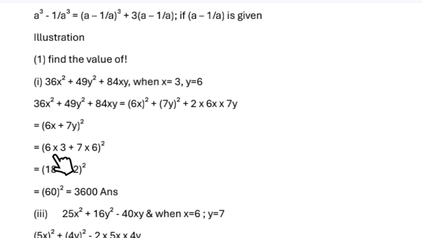Then 6 into 3 plus 7 into 6 whole square. 6 threes are 18 and 7 sixes are 42, so 18 plus 42 is equal to 60. 60 square, 6 square is equal to 36, and two zeros multiplied, then 3600 is the answer.